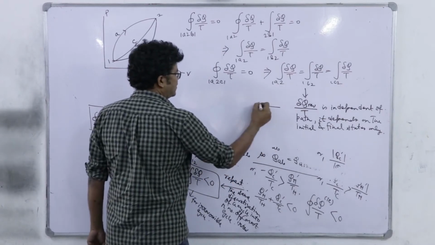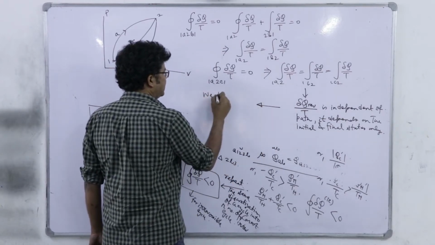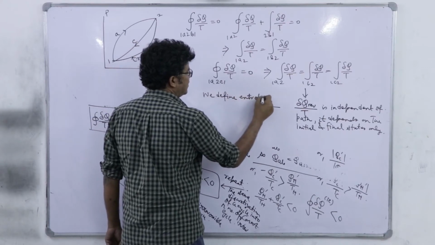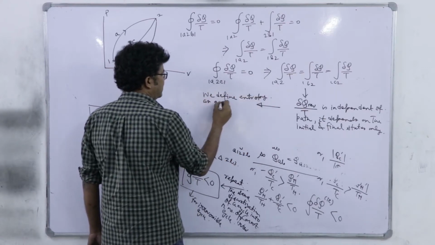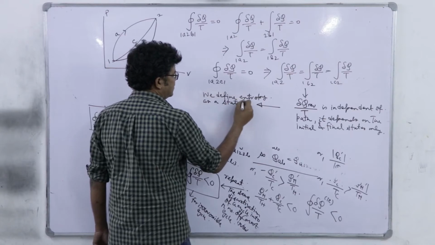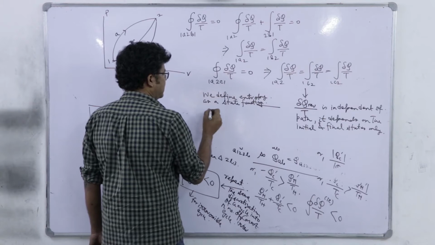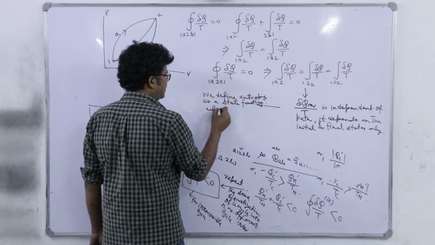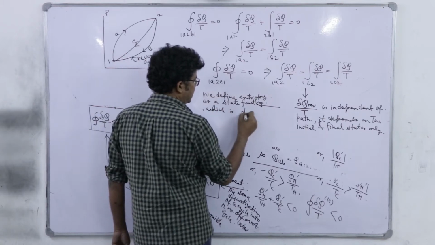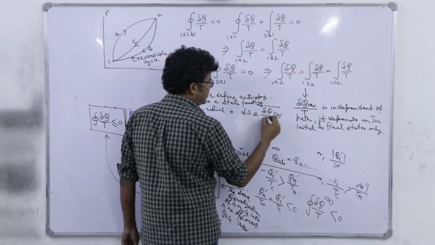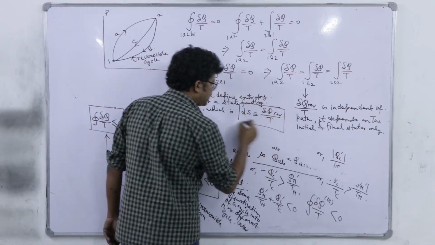And here we define entropy as a state function, right, which is defined as dS equal to del Q reversible by T.